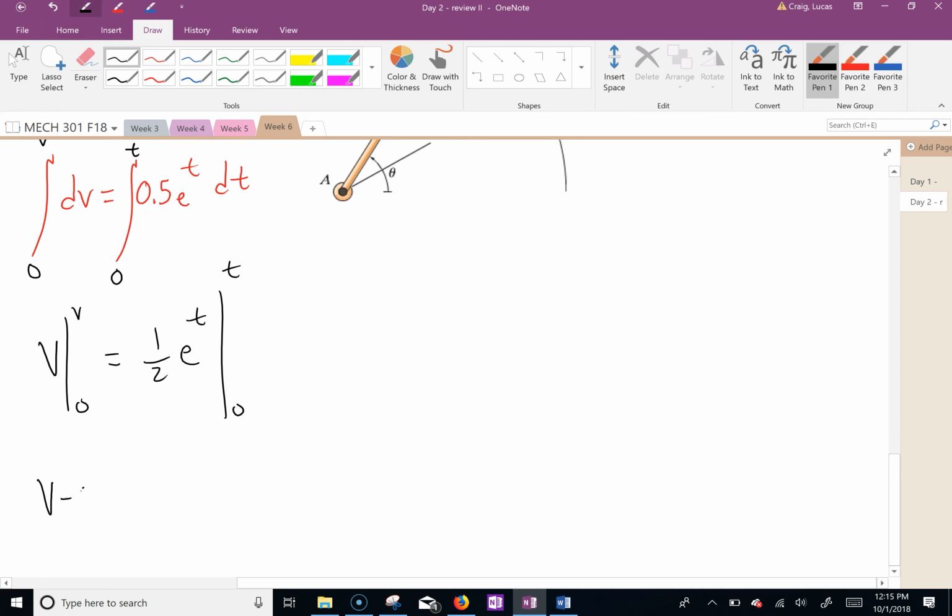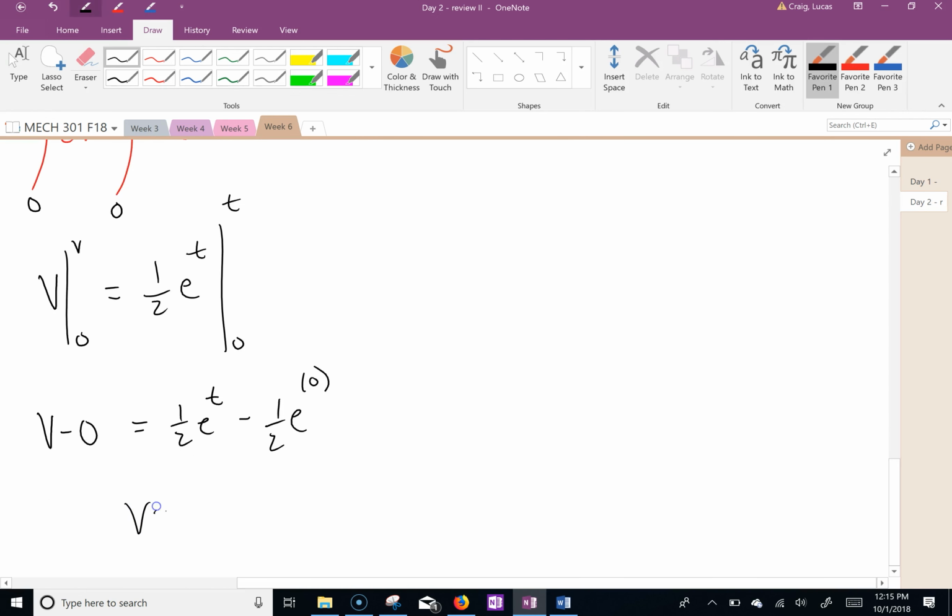So this is v minus 0 equals 1/2 e to the t minus 1/2 e to the 0. What is e to the 0? Anybody know? 1. You see how if you didn't put that in there, you would mess that up? Because technically now the velocity is 1/2 e to the t minus 0.5.